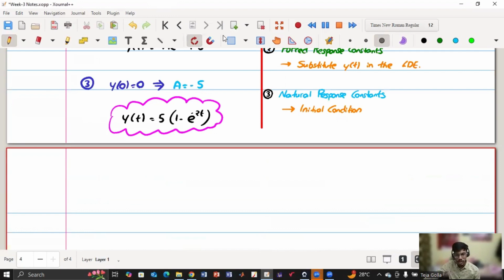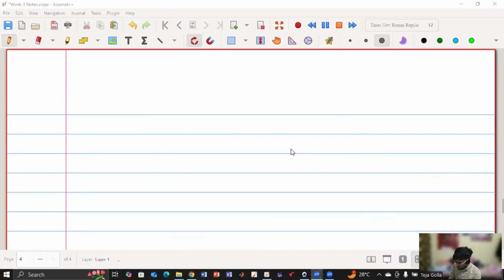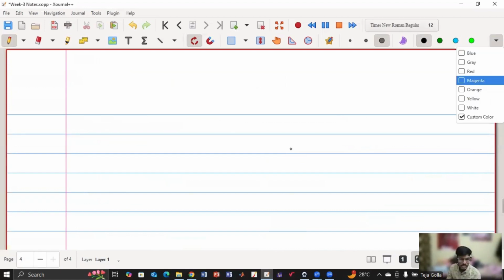So now we have only learned the first order linear differential equation. What happens if we go for the second order differential equation? The methodology remains the same: the natural response and forced response. But how are we going to get the generalized expression? That is the challenge.